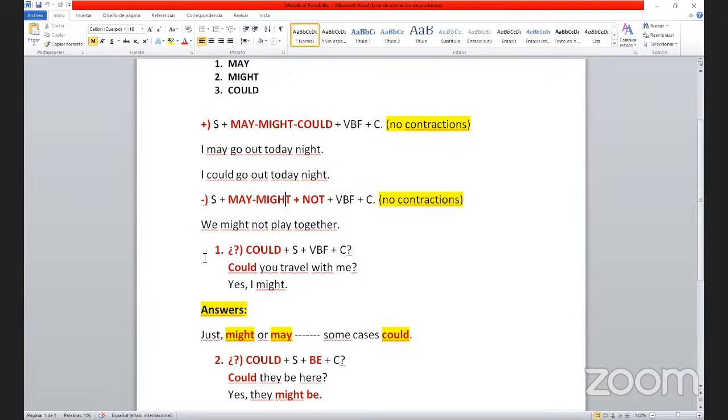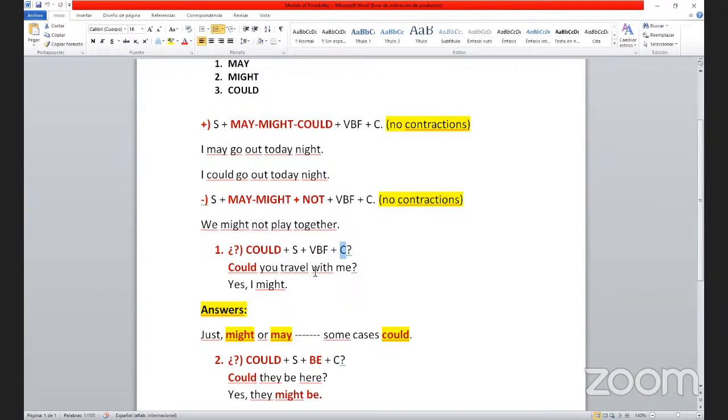And for questions, we use could. Always we use could at the beginning. So in questions, we use neither may nor might, just could, then the subject and the verb in base form with a complement. We have two kinds of questions.